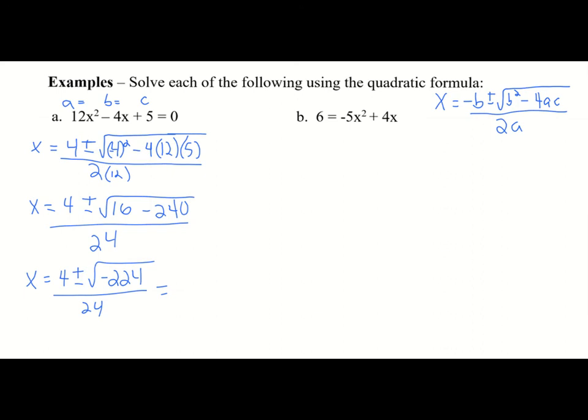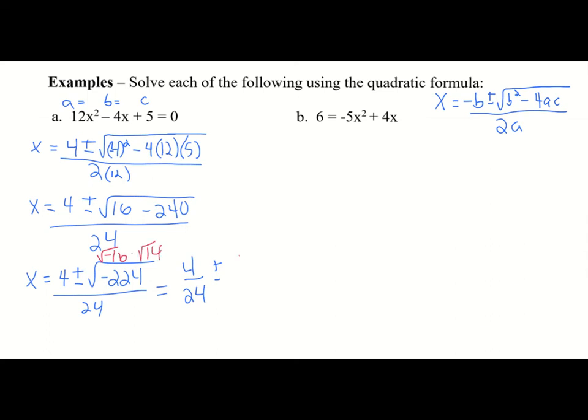So when I go to write this answer, I'm going to have 4 over 24. I'm going to break it up because we want it in complex form. Plus or minus, we're going to break up the square root of negative 224 into the square root of negative 16 times the square root of 14.